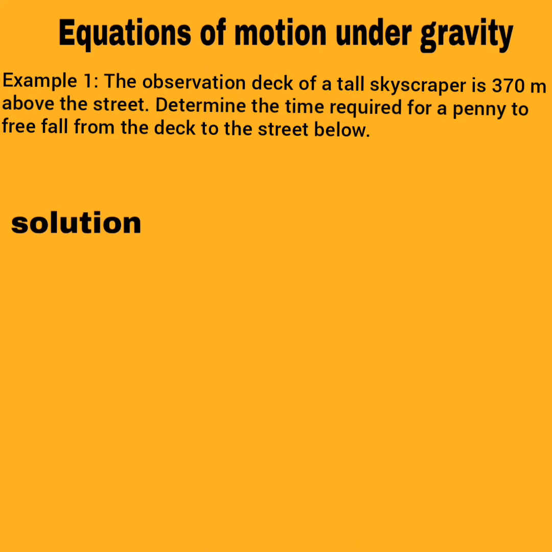From the question, the observation deck of the skyscraper is 370 meters above the street. So we are given the height or the vertical distance to be 370 meters. Then we are asked to calculate the time it takes for a penny to free fall from the deck to the street below.